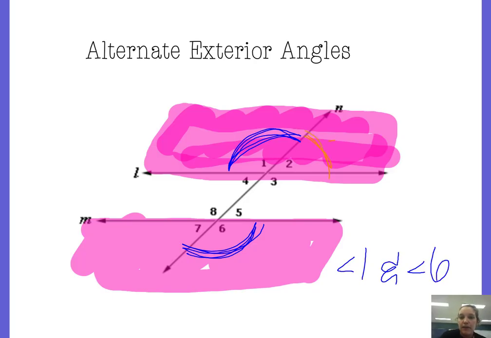And then I have another pair, angle 2 and angle 7, are also alternate exterior angles. So I have two pairs of alternate exterior angles. They're on opposite sides of the transversal, and they're on the exterior of those two lines.